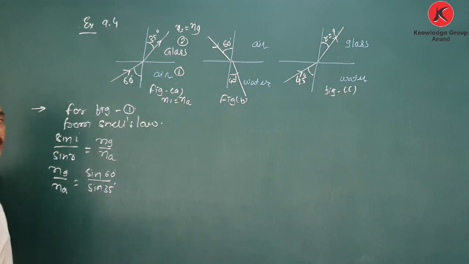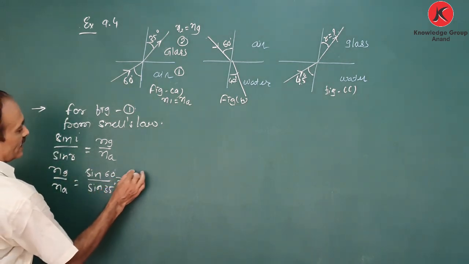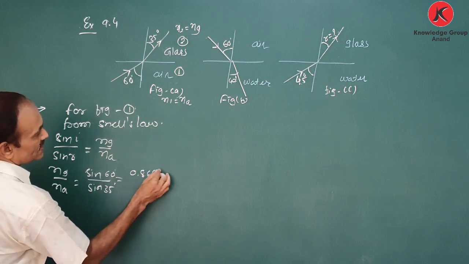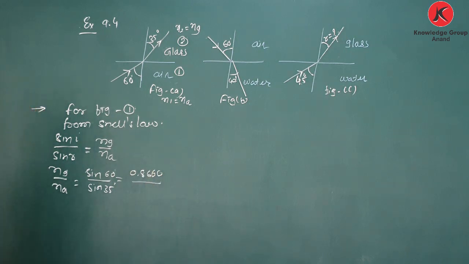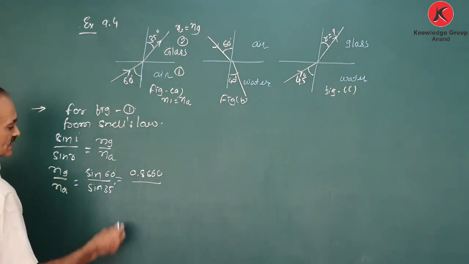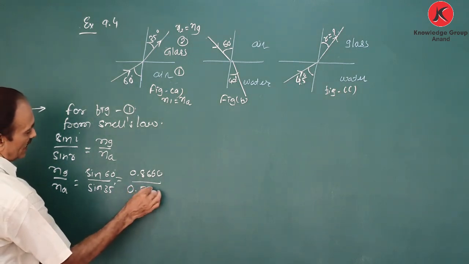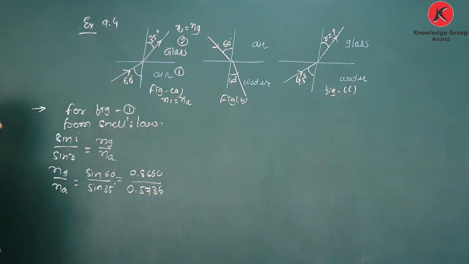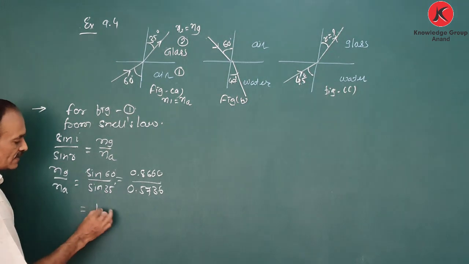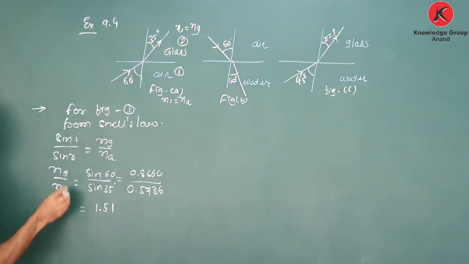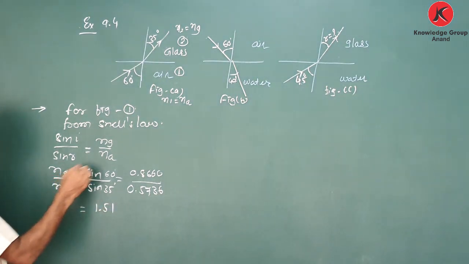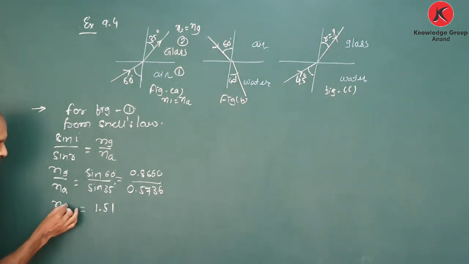Sin 60 from the natural sine table is 0.8660, and sin 35 is 0.5736. Its simplification is 1.51. Actually, that is the refractive index of the glass medium with respect to the a medium, so there is ng upon na.